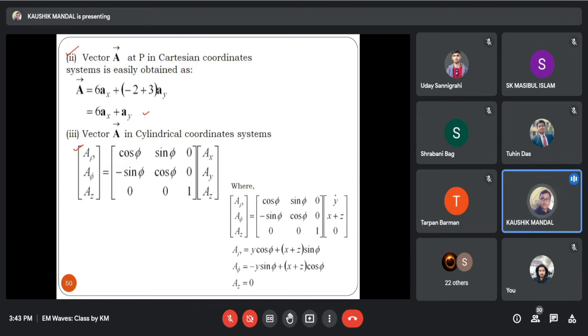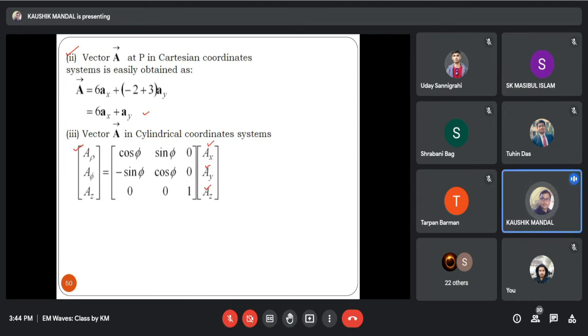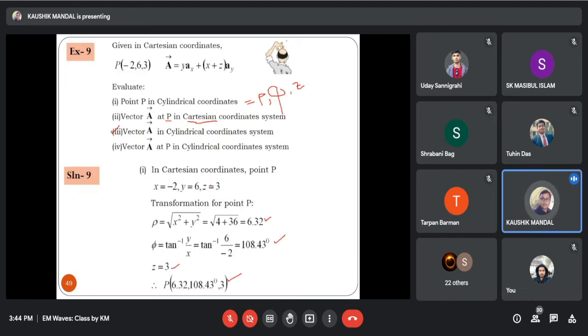Now, what about this Ax and Ay? How can you find out this Ax and Ay? Ax is 6 and Ay is 1 in Cartesian. You are correct, but we are not using the values. Rather, we will use these equations directly.